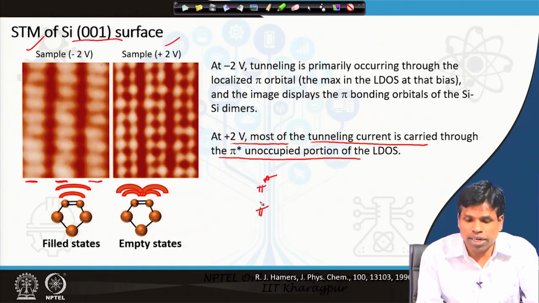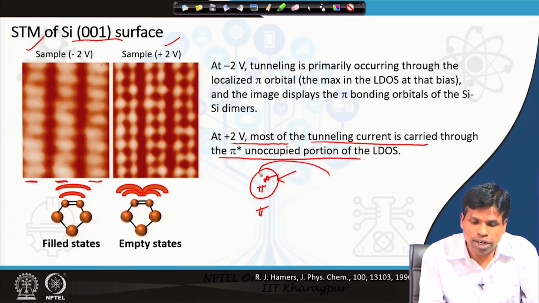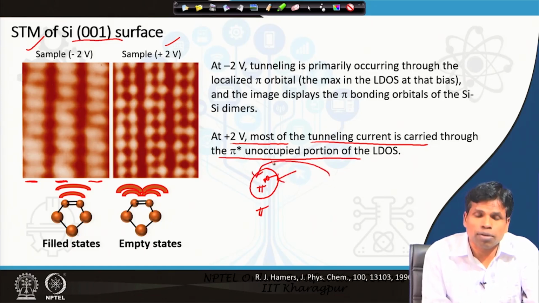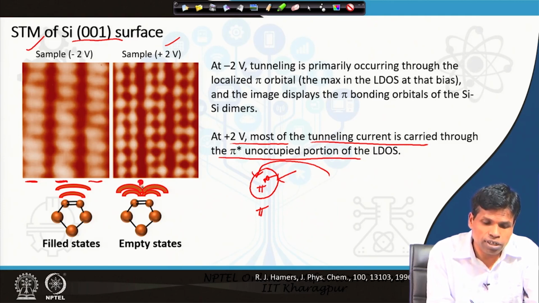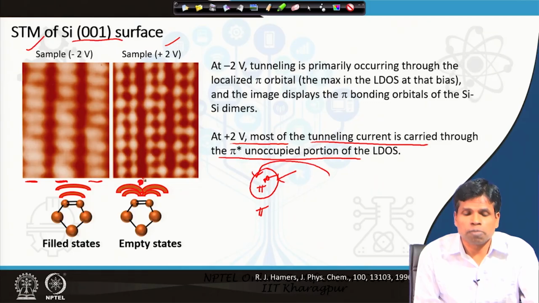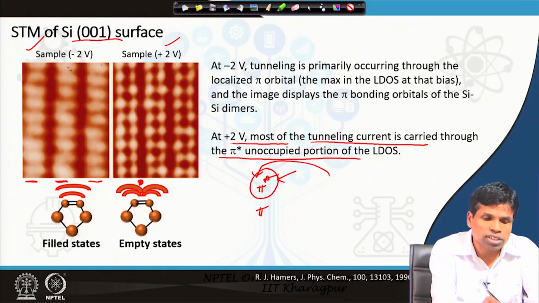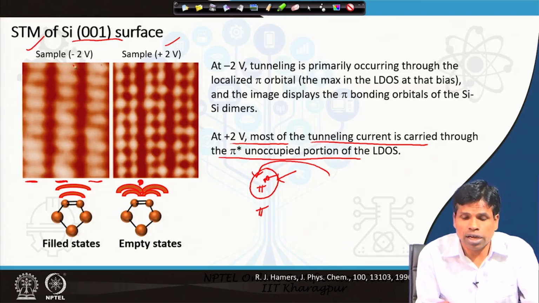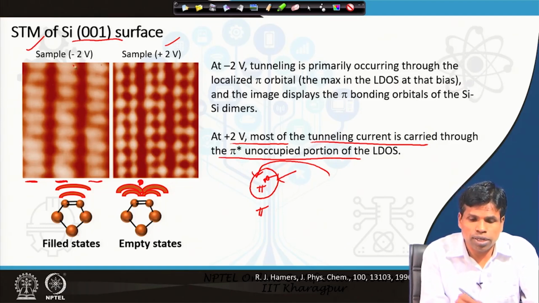Pi is occupied and pi star is unoccupied levels. So, when we want to study the unoccupied states, by applying a positive potential to the sample, electrons will tunnel to the pi star or empty states. Therefore, in this region we will see low current, or it will appear darker. The region where it is brighter has higher tunneling current compared to the other region.